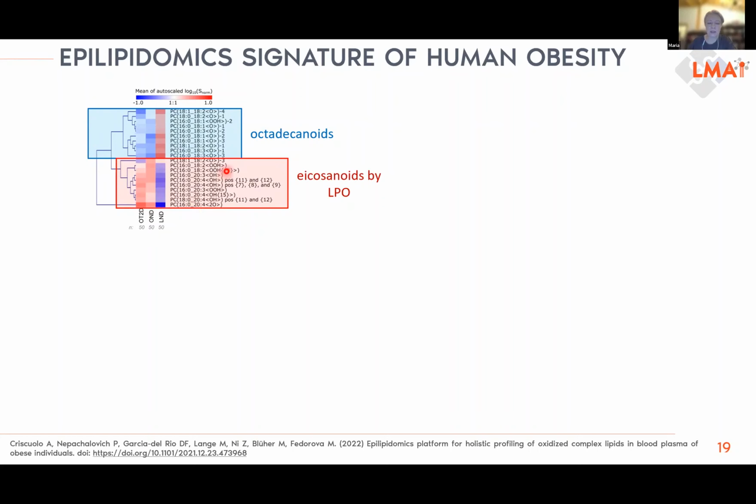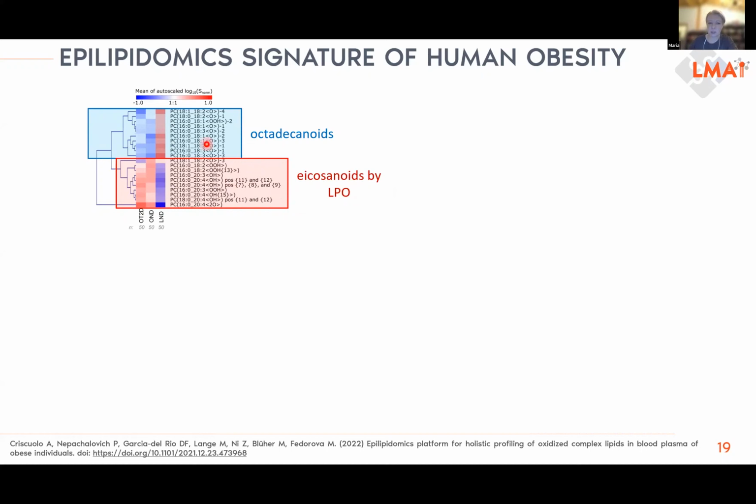And you could see there is a lot of peroxides here. And we also have hydroxide with different positional isomers. And if you see in these positions, so we can say, for instance, position 9 is usually not formed enzymatically. So this looks like we have increased level of lipid peroxidation and formation of all those species here.